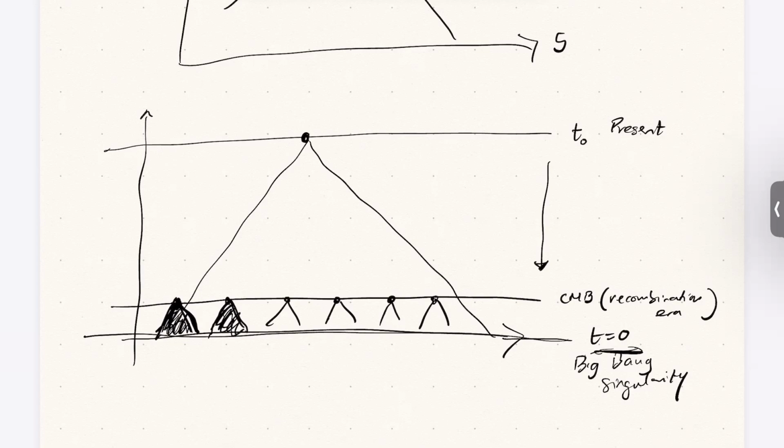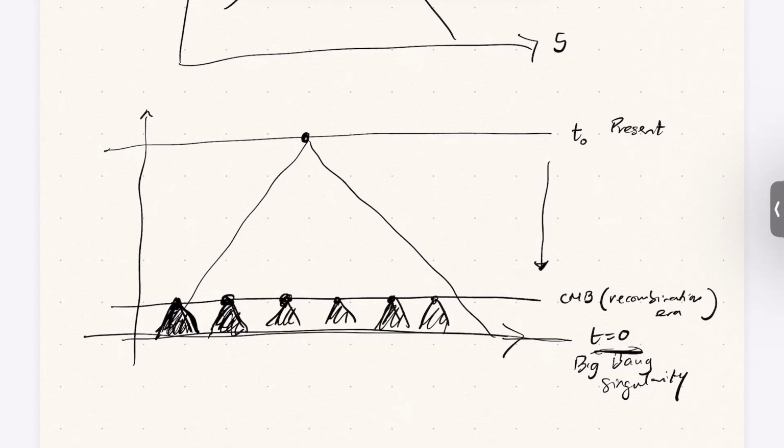So for these 2 points to be in thermal contact, and remember, thermal contact gives you thermal equilibrium, is somewhat impossible, right? Because if they're not causally connected, that means they don't have any sort of information exchange. How do these individual points know that they have to be the same temperature? They don't know that.